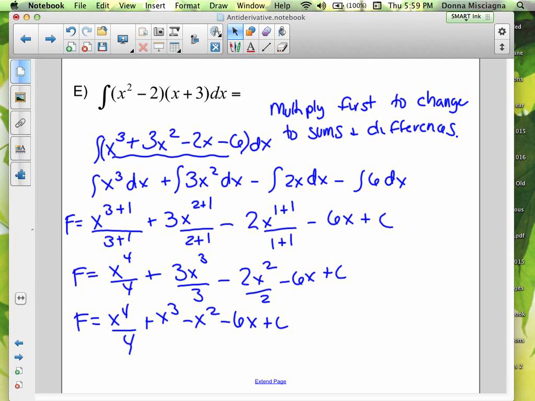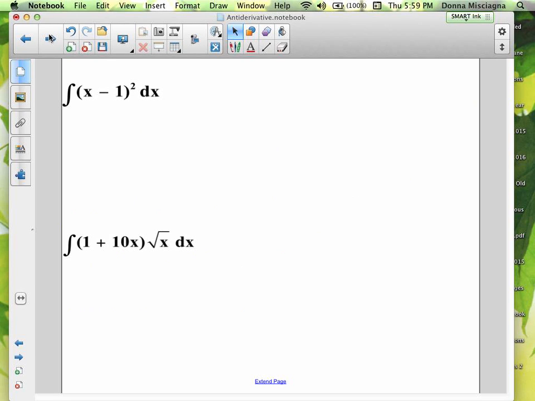And instead of decreasing our exponent by 1, we're increasing our exponent by 1. All we've been doing for the most part has been undoing the power rule. And the only other thing we learned is e to the x and the natural log. So when we have 1 over x, its integral is going to be natural log of x.